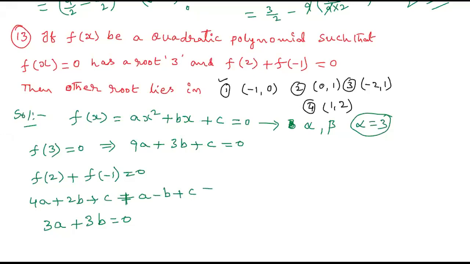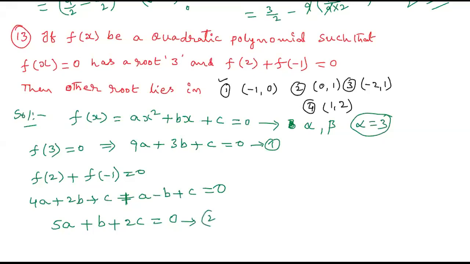So that is equal to 0 will come. Now calculate the terms. What do we get? 4a plus a, that is 5a. 2b minus b, b. c plus c, 2c, that is equal to 0. Now this is equation 1, this is equation 2.